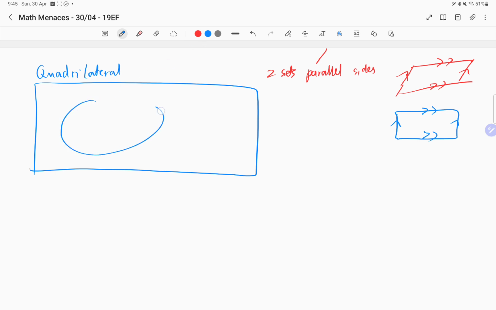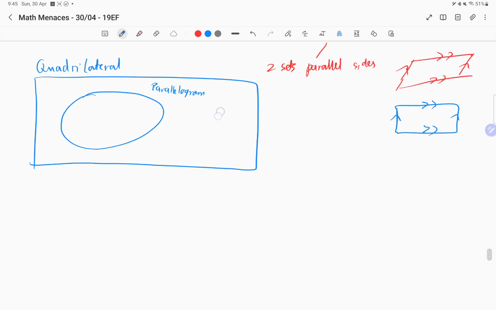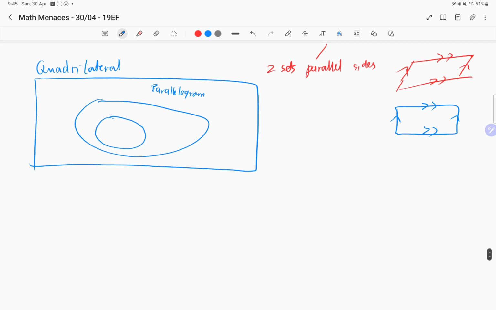So let's say we have a circle that represents all parallelograms. Actually, I think we'll simplify for you guys. So let's say this one represents all parallelograms, and because a rectangle is a parallelogram, it will be a subset of this. So a rectangle is a parallelogram. And then inside the rectangle, there will be another one for a square, because a square is a rectangle.